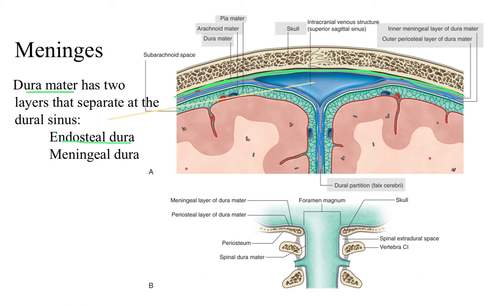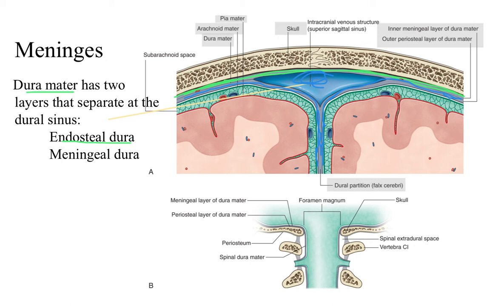And then what it also allows you to do is form venous sinuses, where blood collects as fluid is draining from the brain. So the venous sinuses are going to be between the dural layers.